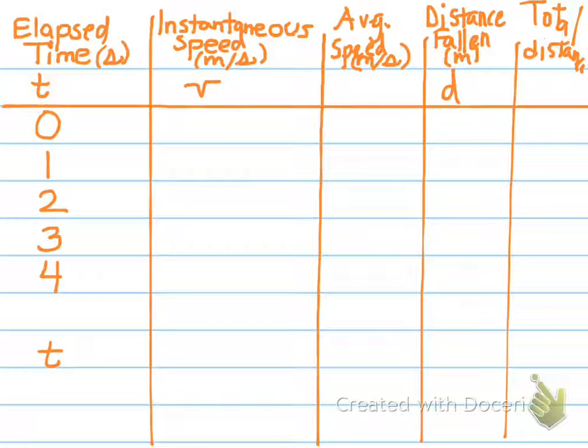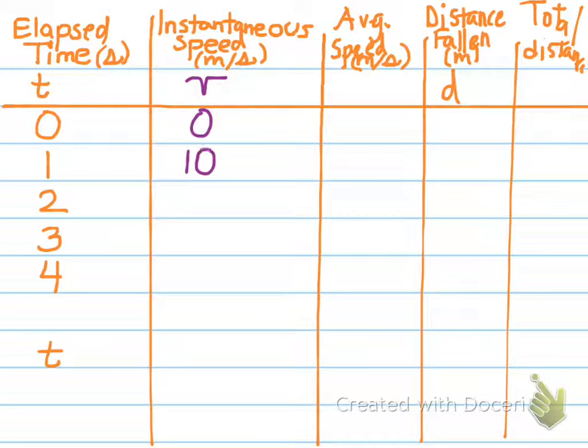So, instantaneous speed. Remember, we're talking about the acceleration due to gravity, okay? So we're going to pick up 10 meters per second every second we fall. So our instantaneous speed at time 0 is still going to be 0 meters per second. But in the first second, I'm going to increase my speed by 10 meters per second.